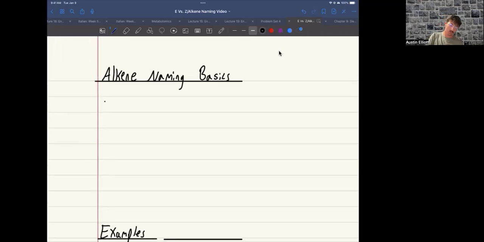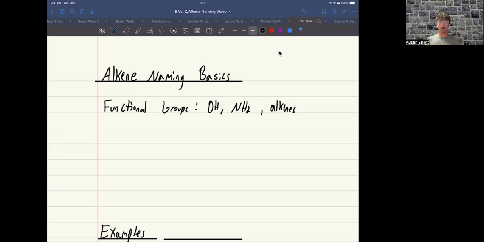So a little refresher, our functional groups are OH and NH2, and now alkenes. And so when I say functional group, I mean a group that modifies the parent chain.